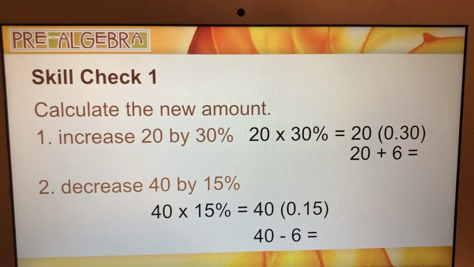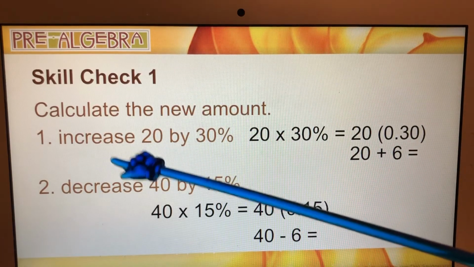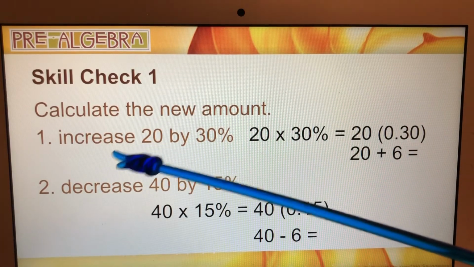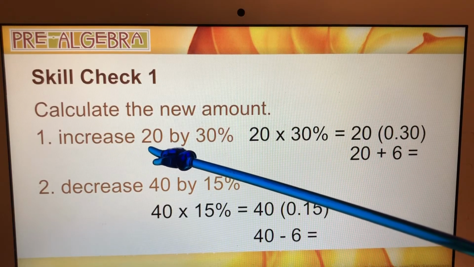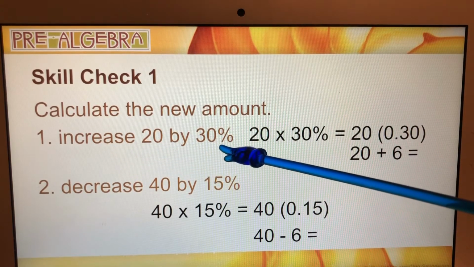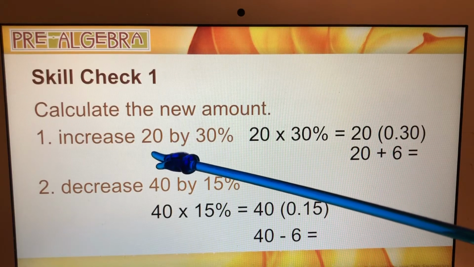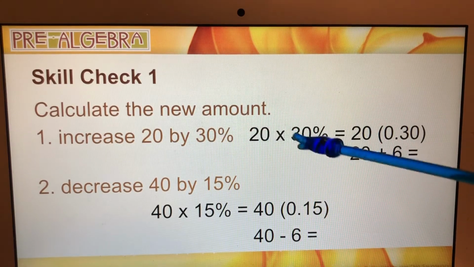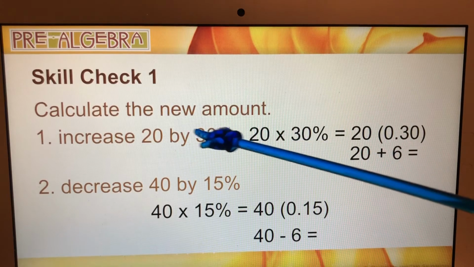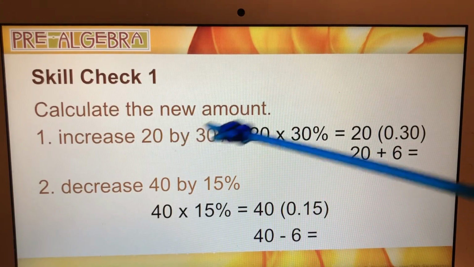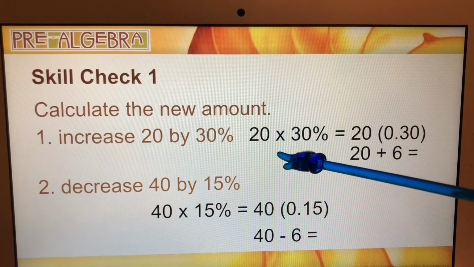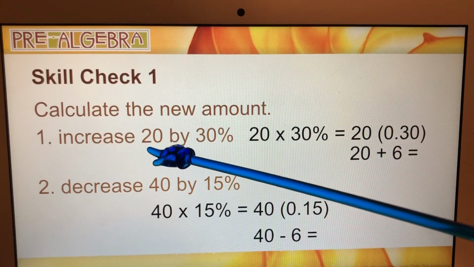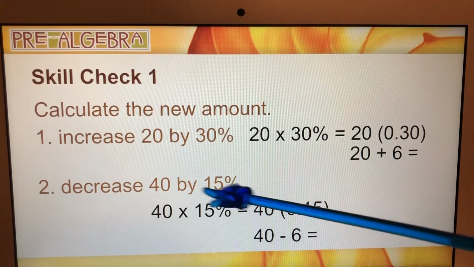All right, let's take a look at some more examples here, okay? Calculate the new amount. First, if I'm given this, increase 20 by 30%. So I'm going to take 20, I'm going to take 30% of that, and the "by" is going to equal multiplication. So you're going to take your original number, you're going to multiply by the percent.